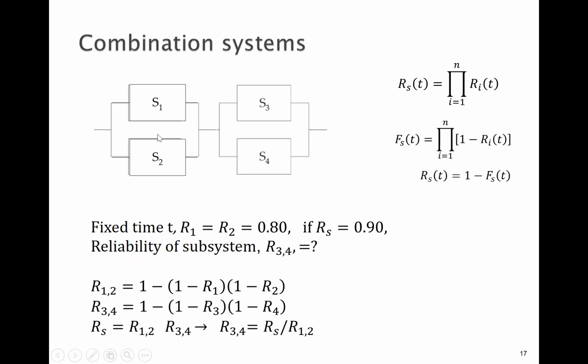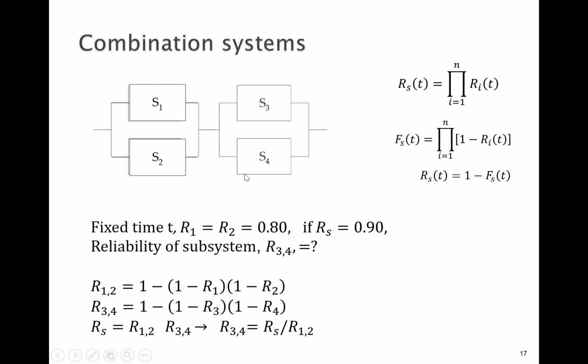We have subsystems 1 and 2 connected in parallel, subsystems 3 and 4 connected in parallel, and the pair S1 and S2 and the pair S3 and S4 are connected in series.